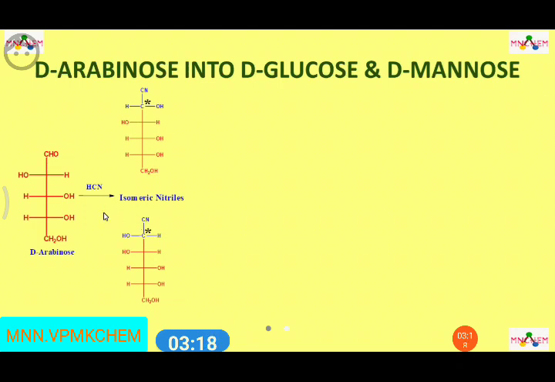When this cyanation reaction takes place, as you can see in this picture, a new chiral carbon is generated, and because of that we are getting two isomers. These are the two structures of isomeric nitriles which form in the cyanation reaction.